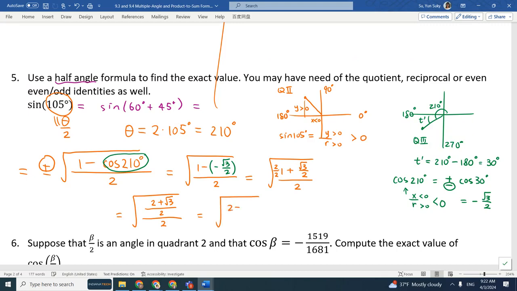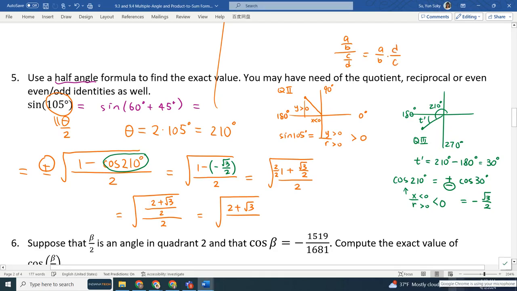Okay, so what is that? Do you remember A over B over C over D is A over B times D over C? So this 2 is really like the C, so it's in the denominator.